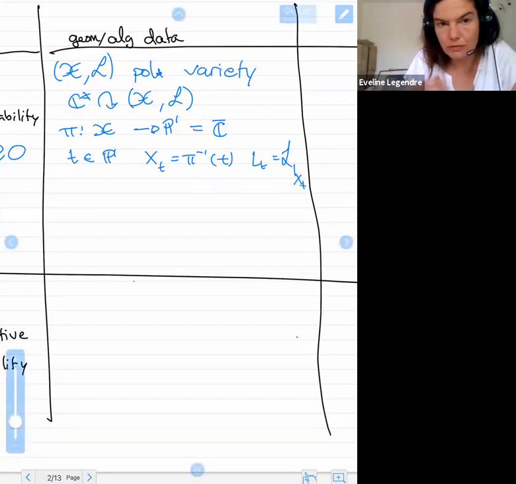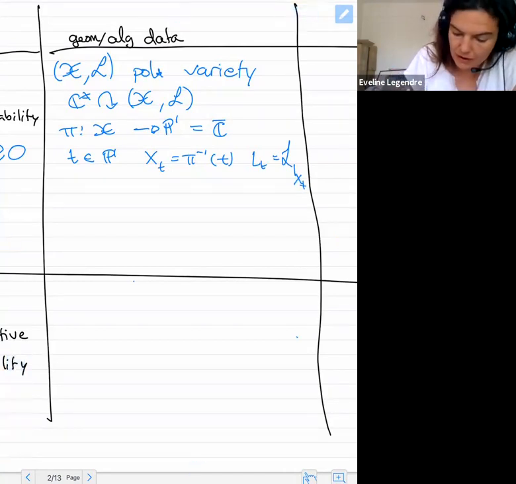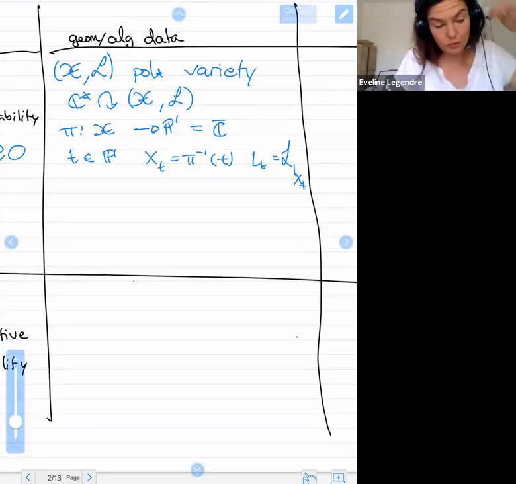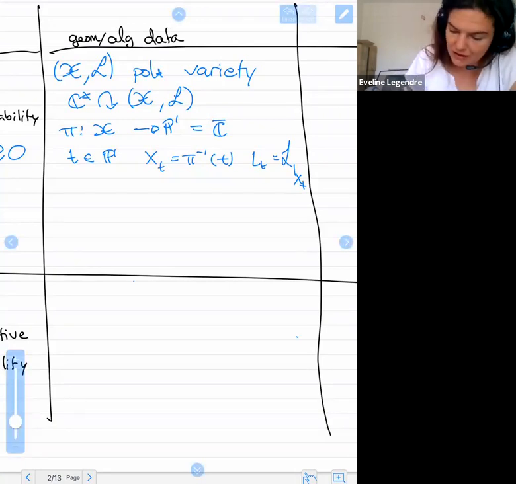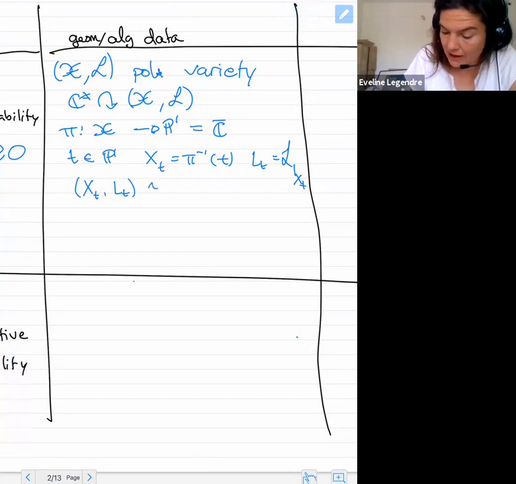There are some conditions, but the one I will use in this talk is that (X_t, L_t) is isomorphic, as a polarized variety, to (X, L) if t is not 0.